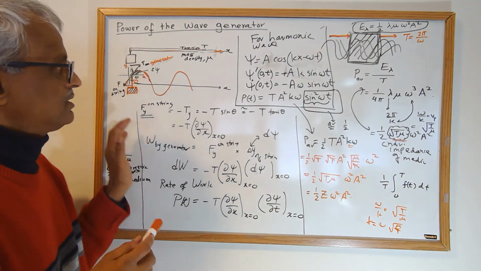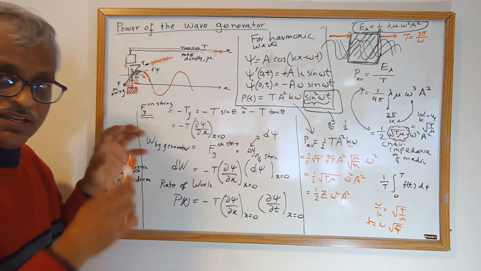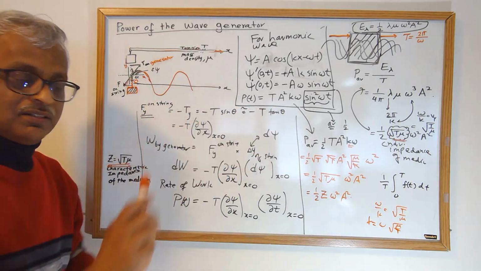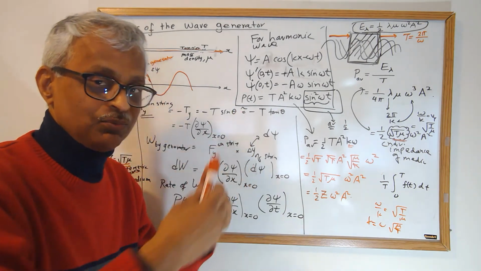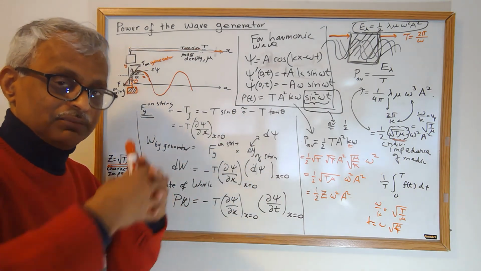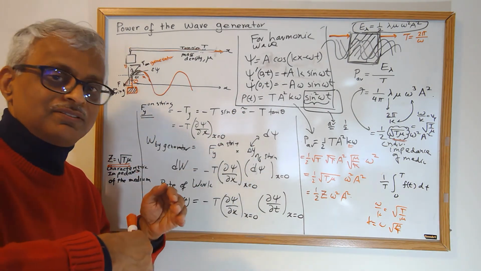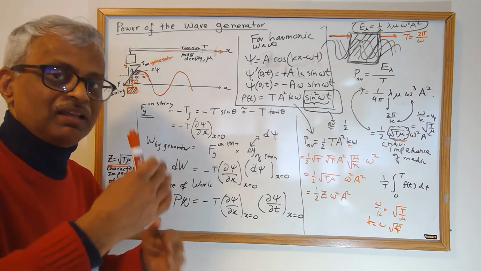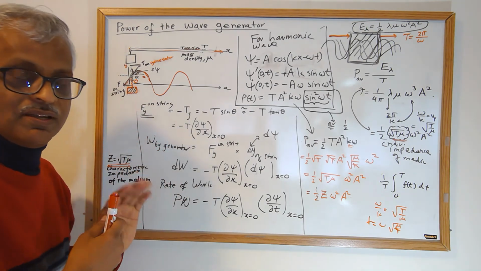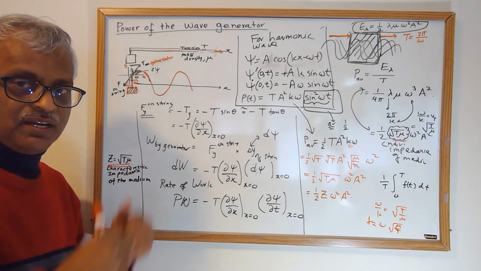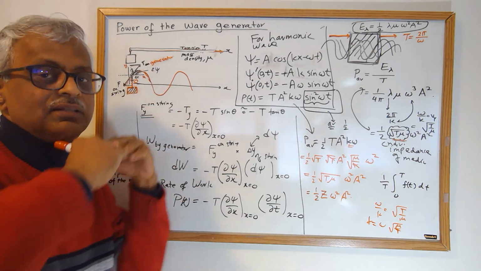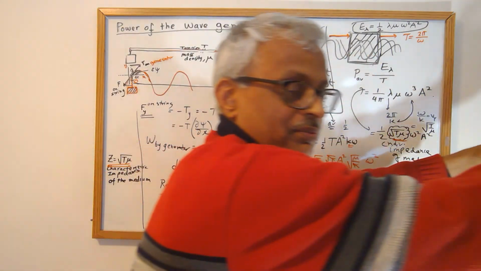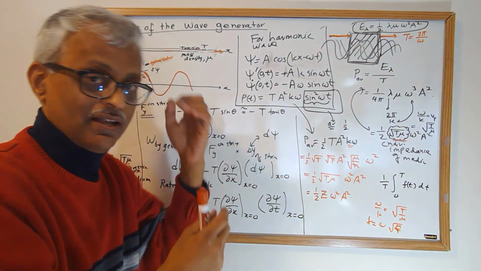So this is the average power that this generator must be inputting for the wave to continue in time, right? It's not a pulse situation, but a continuous wave, where this vibrator is going up and down and continuously producing the wave in time.